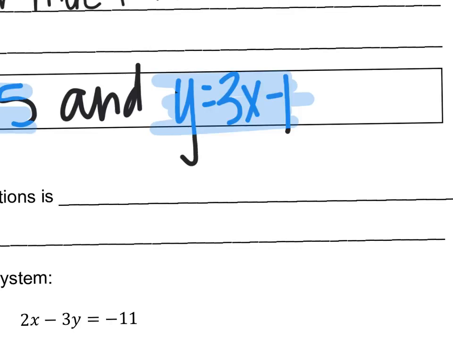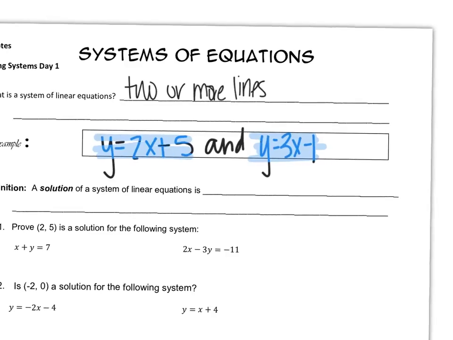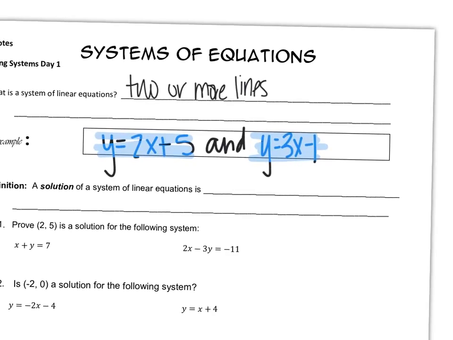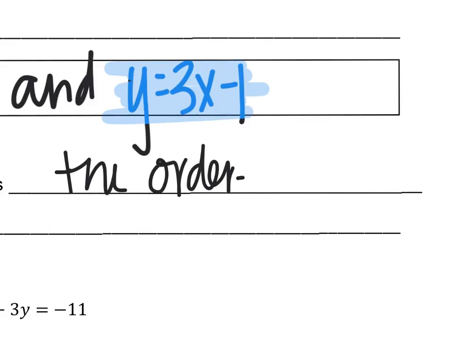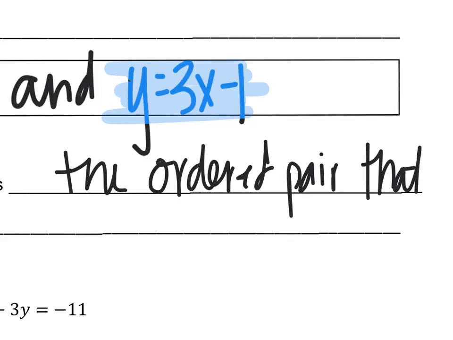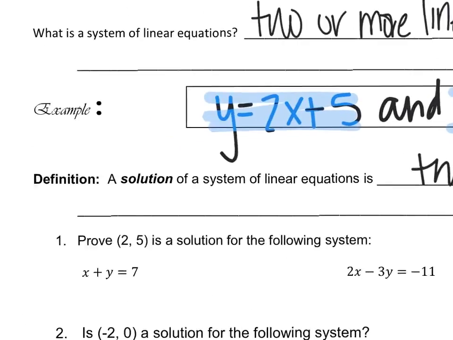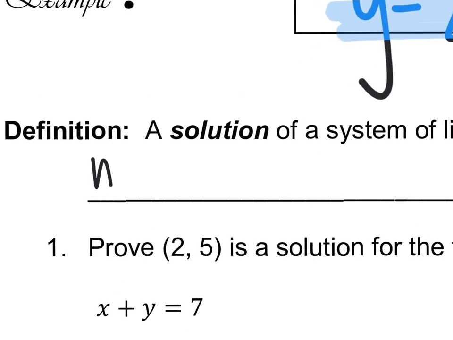So the thing that makes this super easy is that when we're looking for the solution to a system of linear equations, mathematically what we're looking for is the ordered pair that works or that makes both equations true.